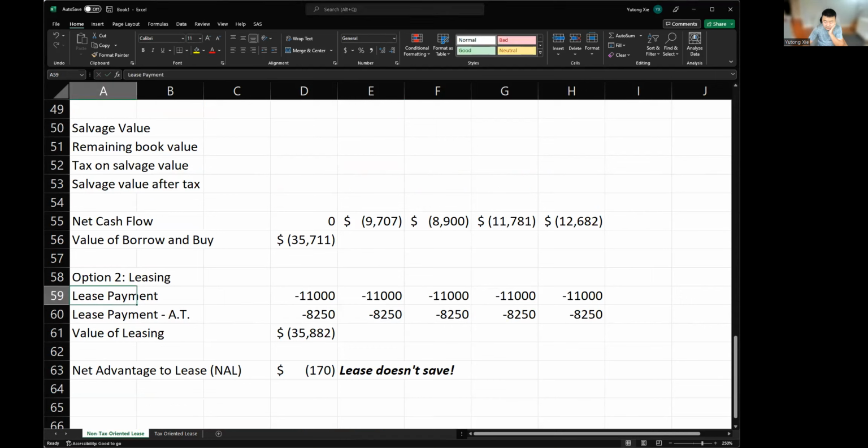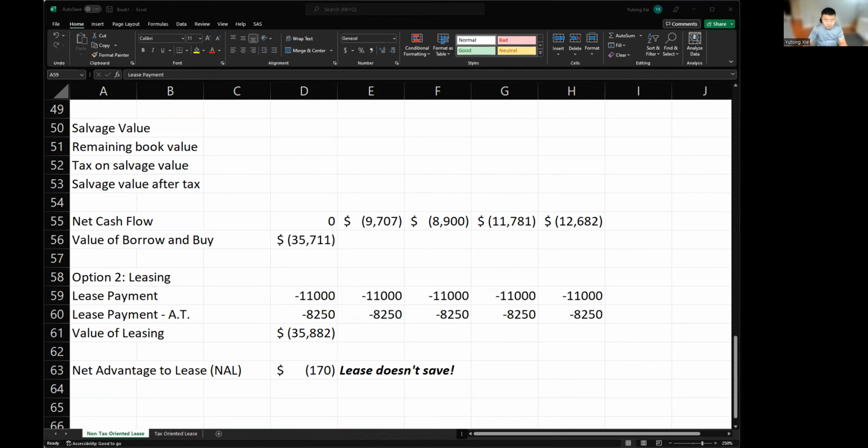Then leasing is a little more complicated than operating lease, right? So in leasing, we first need to figure out the imputed interest. The maintenance cost will stay the same, but to figure out the imputed interest, we need to figure out the lease liability.